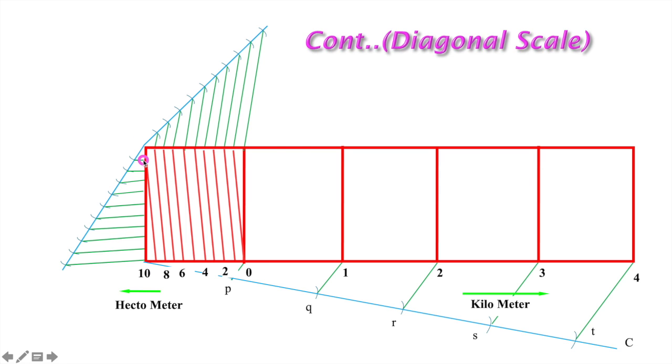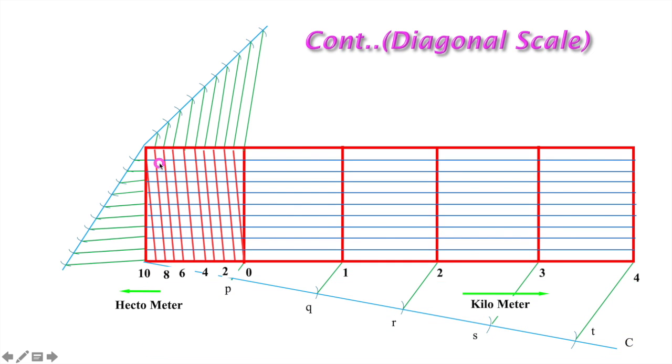Now from all these equally divided points, draw the horizontal lines. After drawing all these blue lines, the horizontal lines, you notice we are getting this type of triangle that I already discussed in the last slide. I am highlighting this.